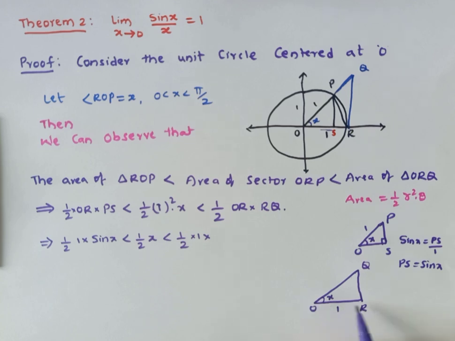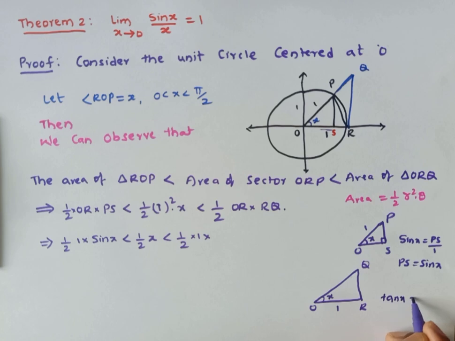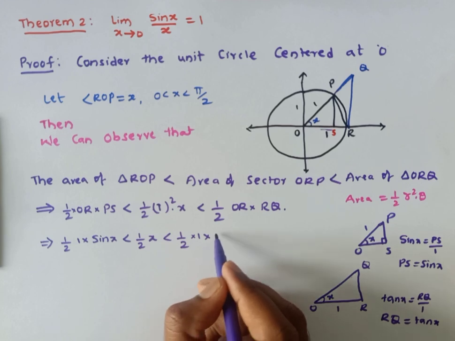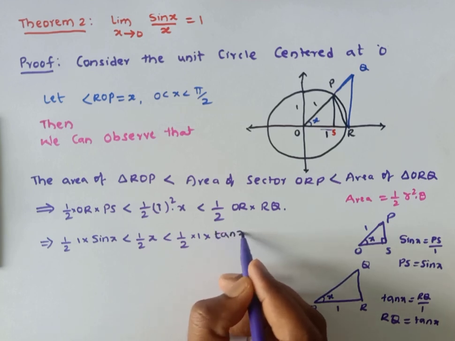The known value is the adjacent side of X, and the opposite side is unknown. The relation between the opposite and adjacent side is tan X. So tan X is equal to RQ divided by OR. OR is 1. So the RQ value is tan X.